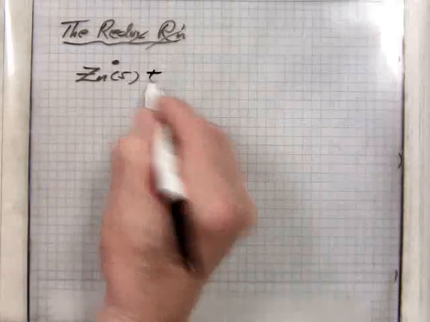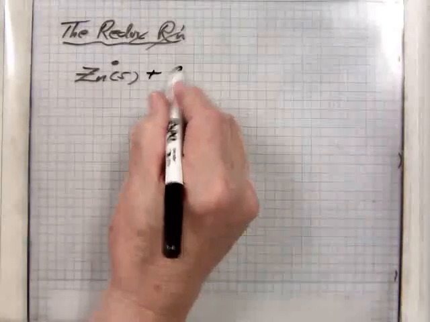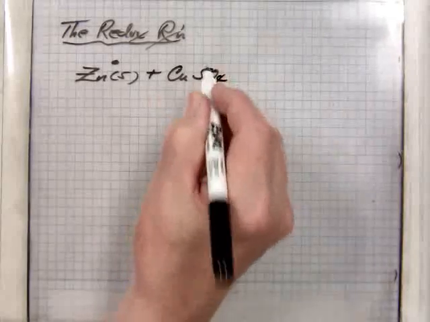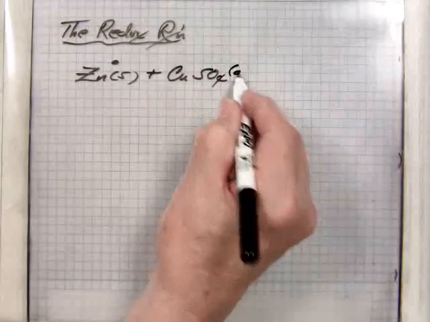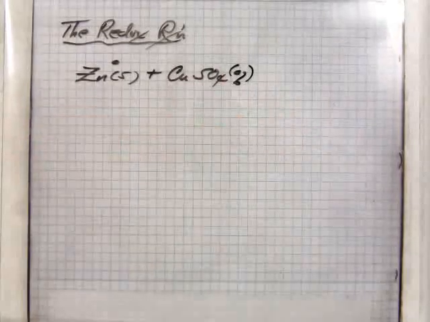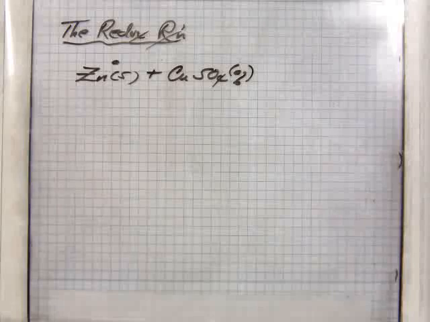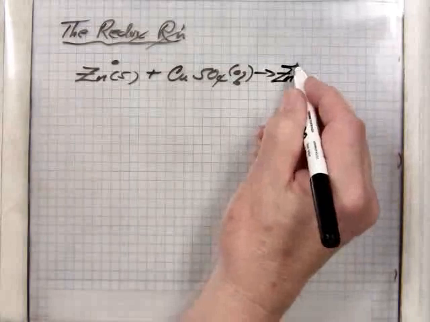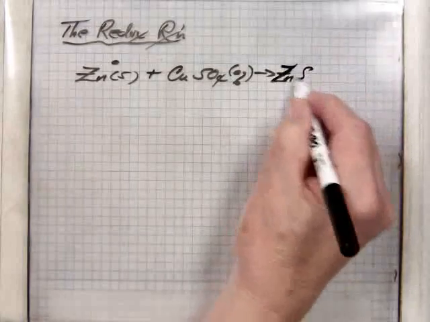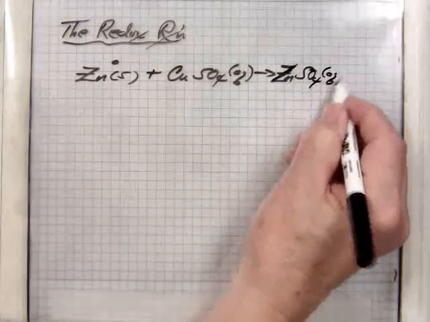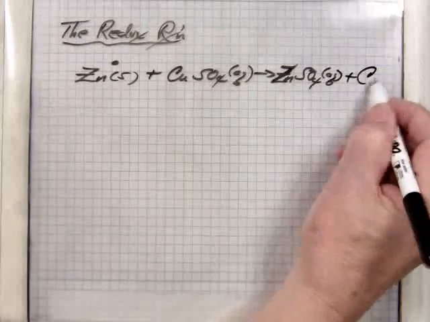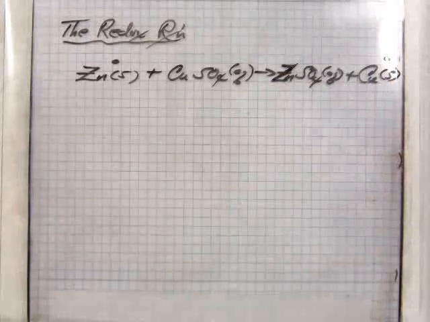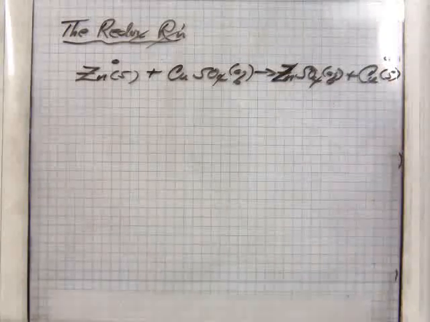And we want to react that with copper in copper sulfate, and that will be in aqueous solution, meaning the solvent is water, and that will go to zinc sulfate, aqueous, and then copper will convert to a basic standard state form like this.